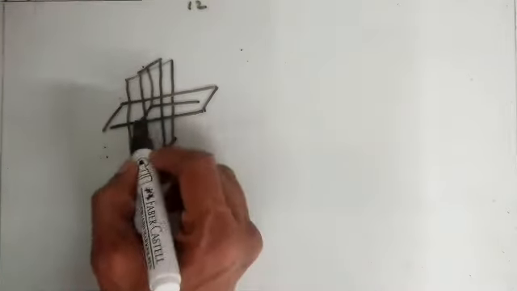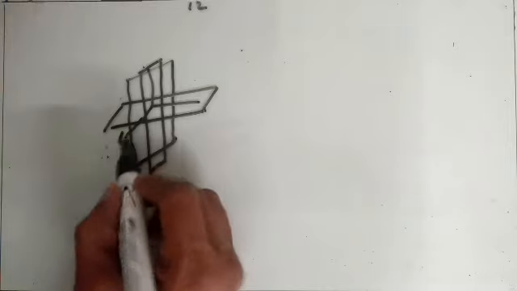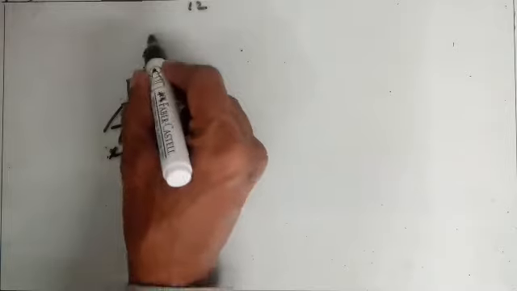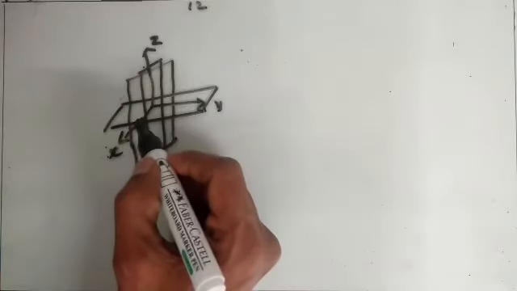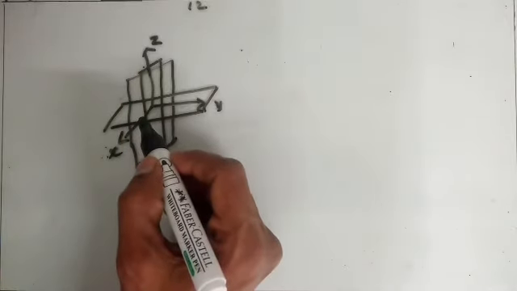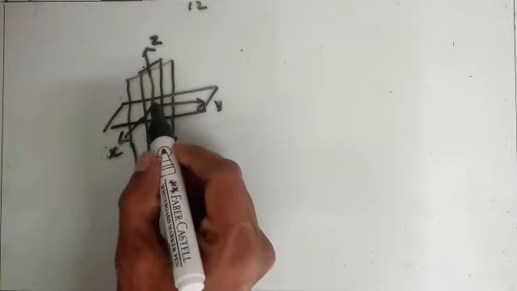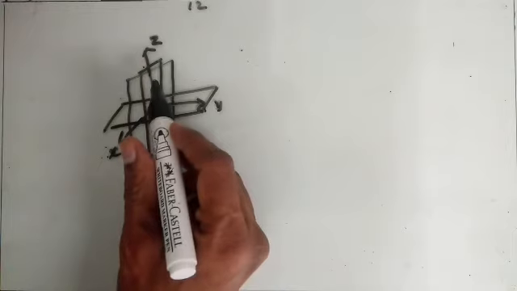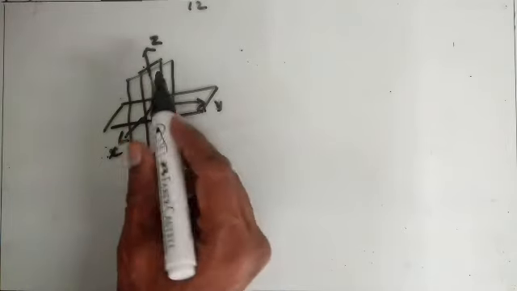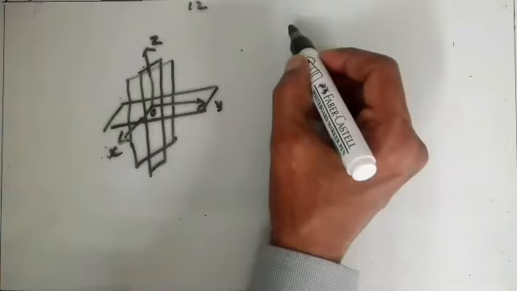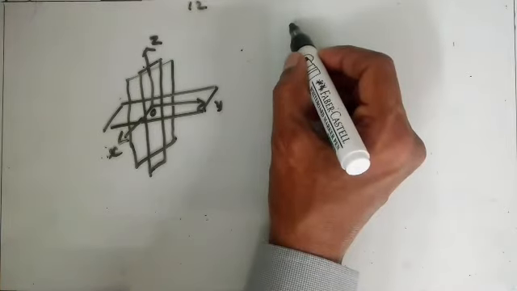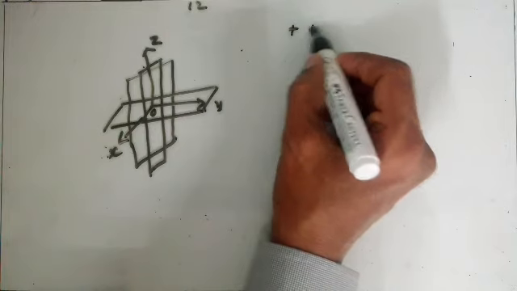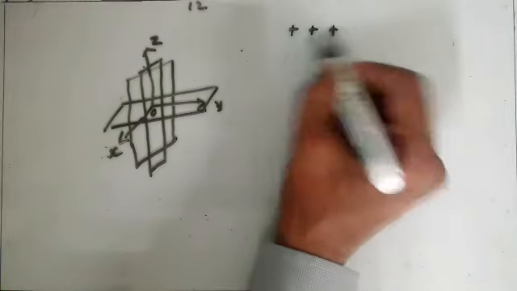In the first octant, X, Y and Z are positive. First octant is O, X, Y, Z or X, O, Y, Z. So remember this here, in the first octant, X coordinate of a point, Y coordinate and the Z coordinate all are positive.